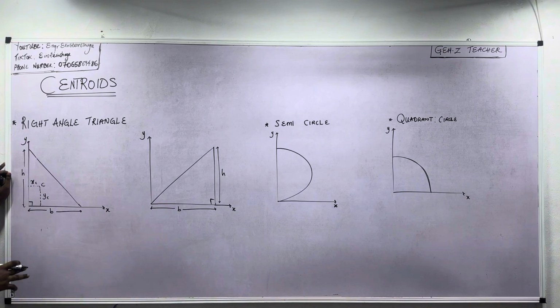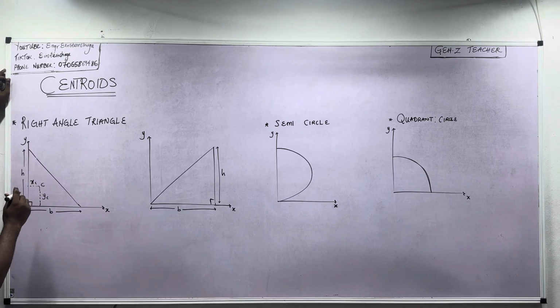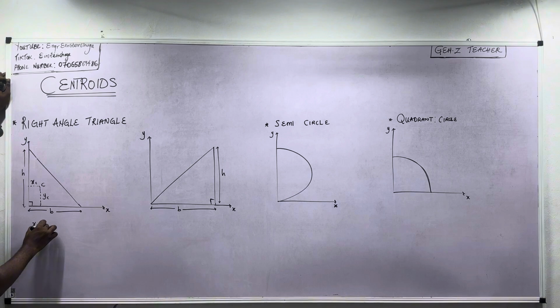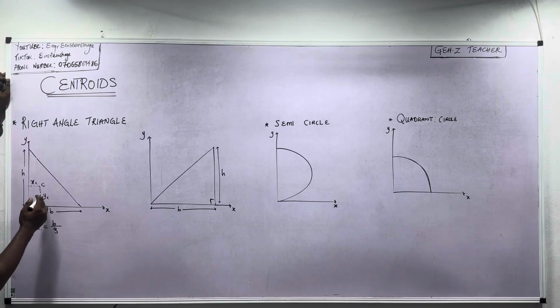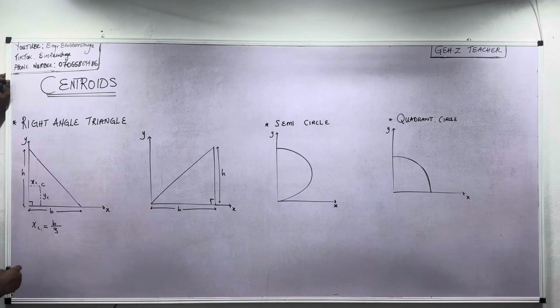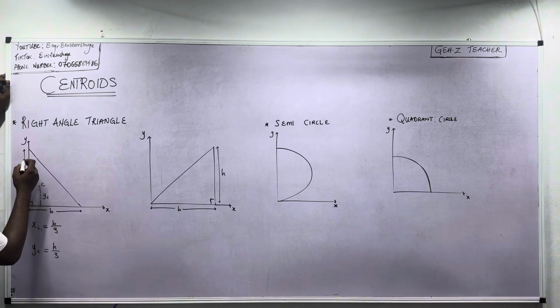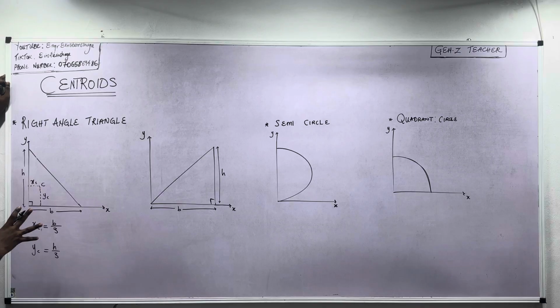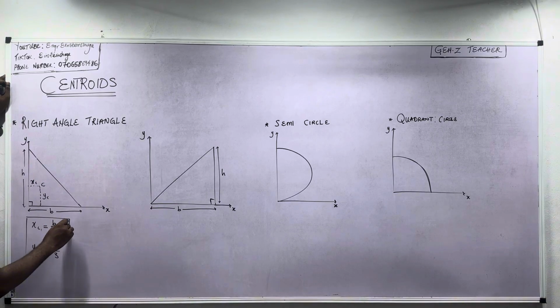Looking at the diagram, the x-centroid is equal to the base divided by 3, because we have 3 partitions: 1, 2, 3. So the base over 3, while the y-centroid will also be equal to the height over 3, because you can also have 3 partitions for that. This is for this case of a triangle.